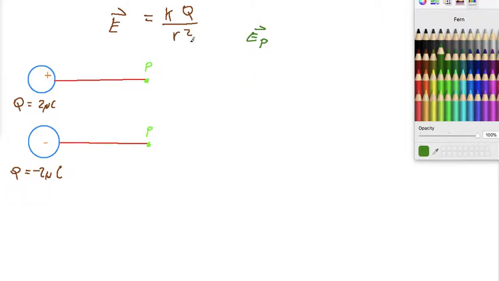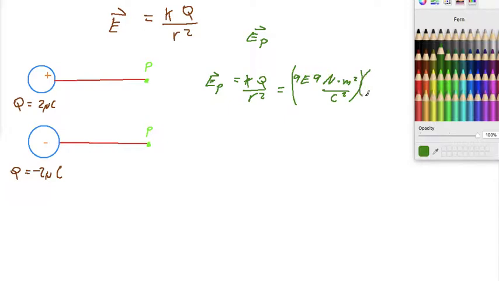Now how can we do that? Well, using this formula right here. E at point P equals k Q over r squared. Now remember from previous videos, this k is simply 9 times 10 to the 9 newtons times meters squared per coulomb squared. And what is our charge?